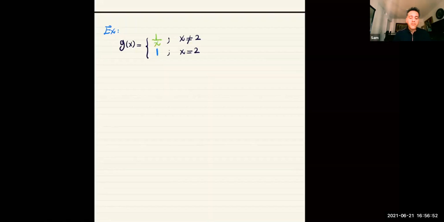But from the green graph, I am again excluding 2. So if I graph the function, again, here is 2. This is what the function looks like.